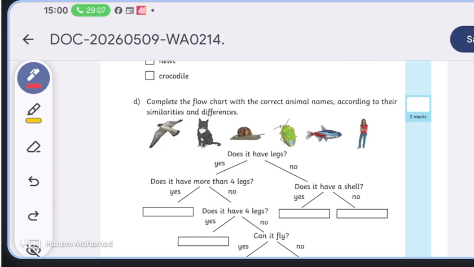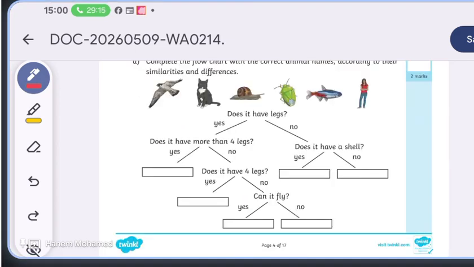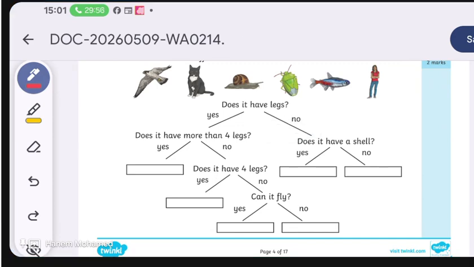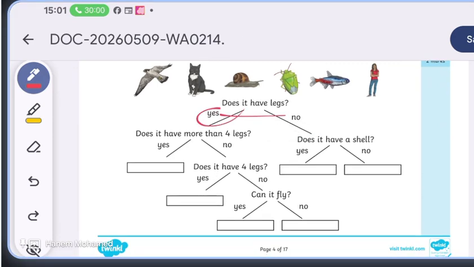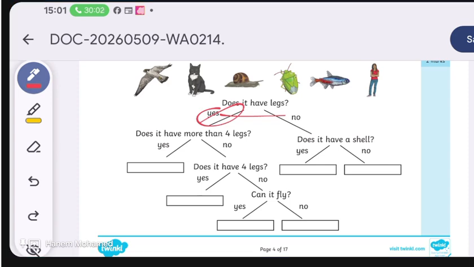So after this, Farida, complete the full flow chart with the correct animal names according to their similarities and differences. I can see here a bird, a cat, a snail, a bug, a fish, and a human. The first question, does it have legs? If we said yes, we can ask a new question.